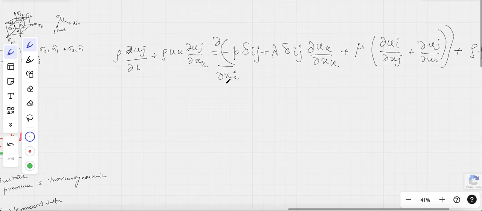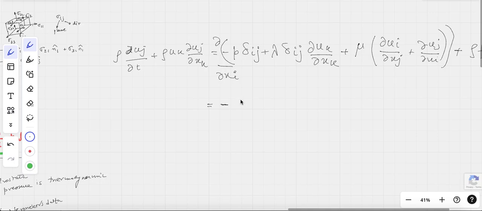Now, this d by dxi, when multiplied by a Kronecker delta, will change the index.